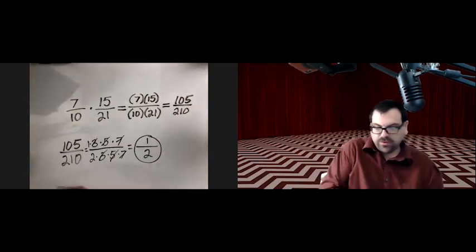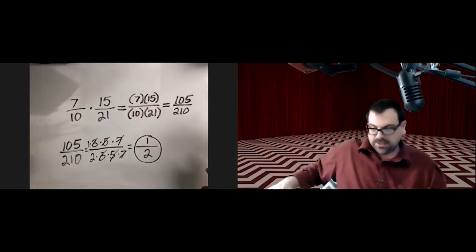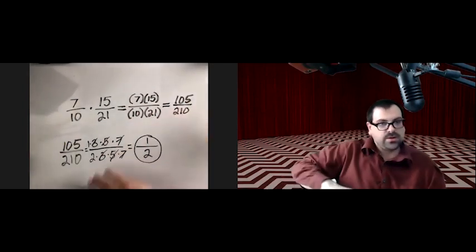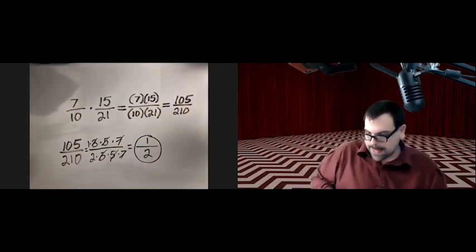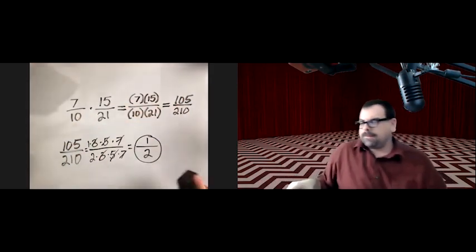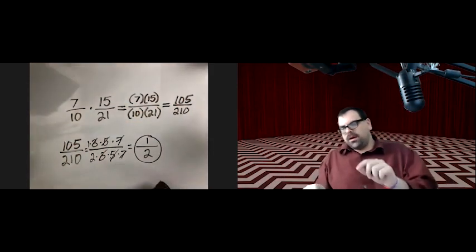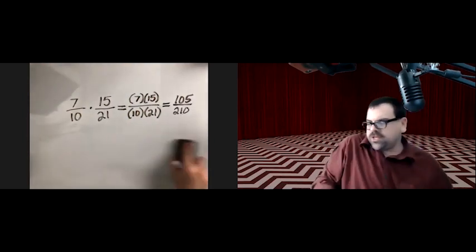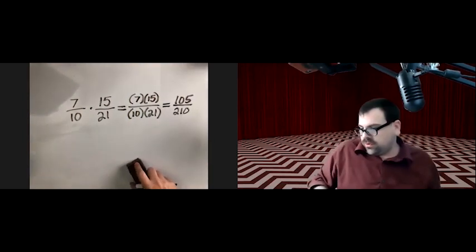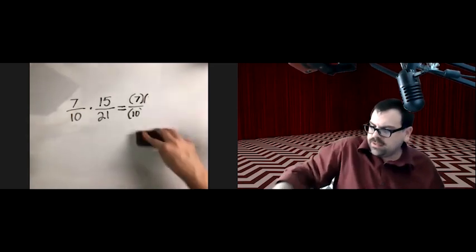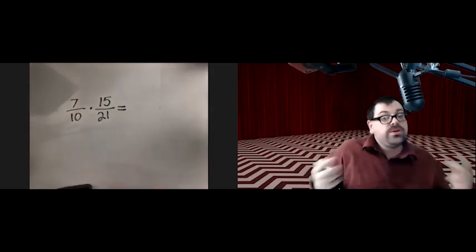Okay, so this is still a review of very old material. This is before this course, well before this course. To avoid having to reduce at the end, we're able to cancel.